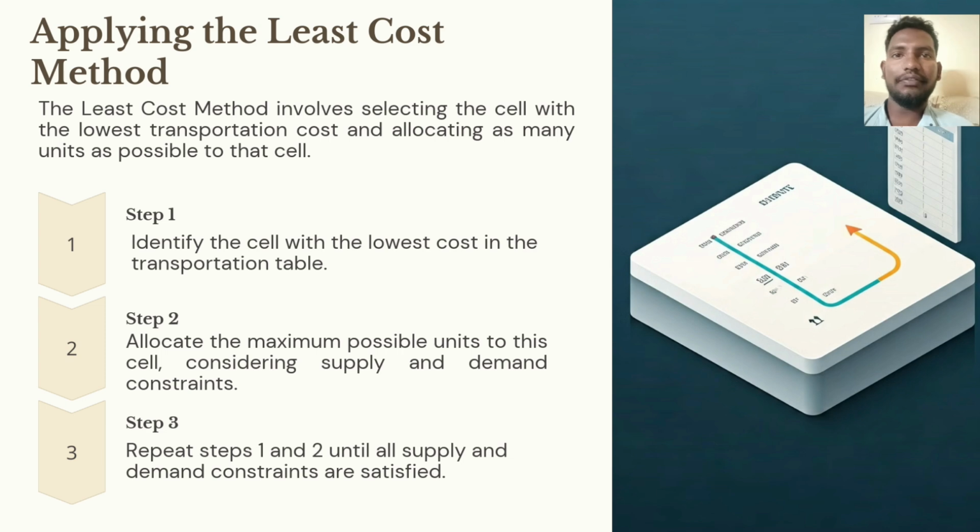Step 2, allocate the maximum possible units to this cell considering supply and demand constraints. Step 3, repeat step 1 and step 2 until all supply and demand constraints are satisfied.